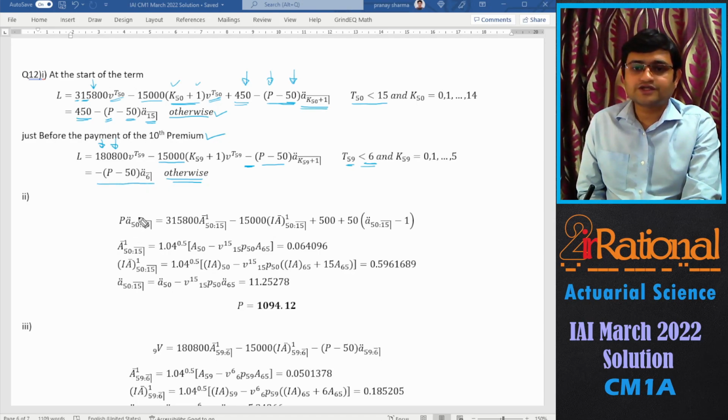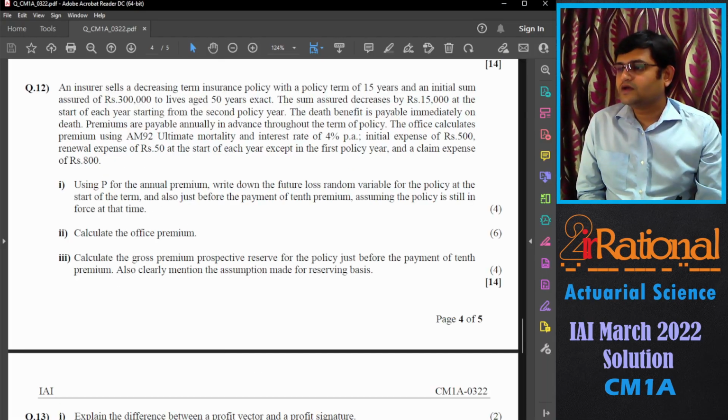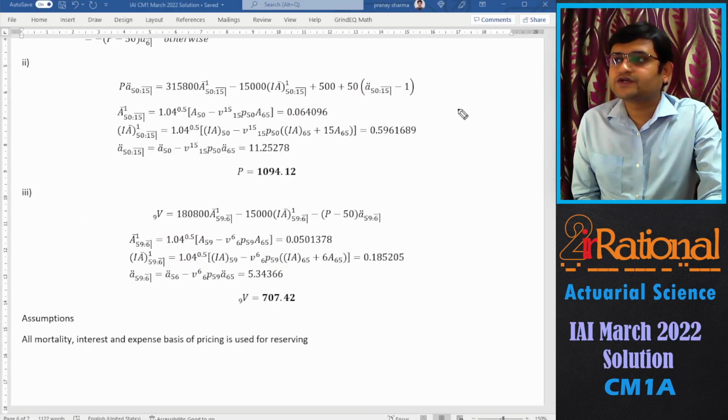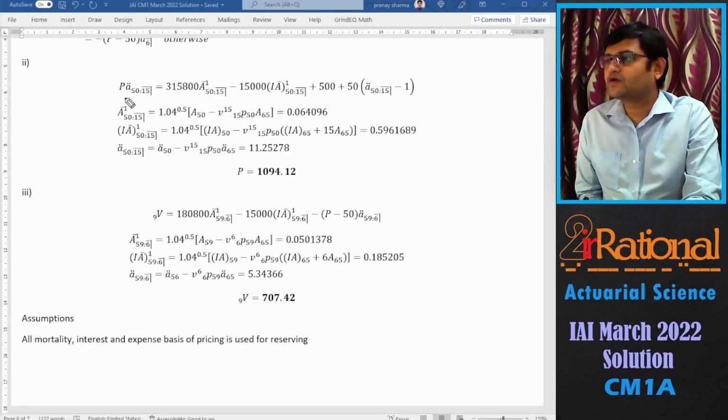Second part, calculate the office premium, and the third part, calculate the gross premium prospective reserve for the policy just before the payment of the 10th premium. Also clearly mention the assumptions made for the reserving basis. So using our equations above, you can make the equation for premium.